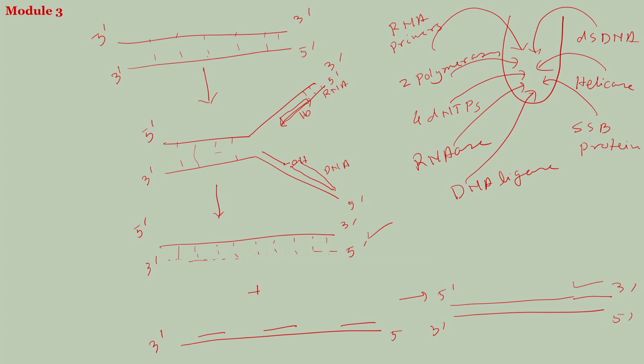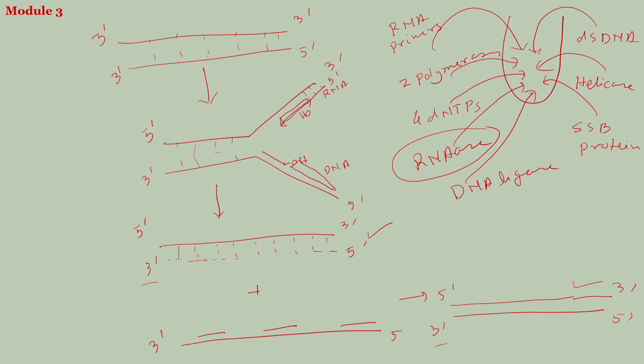Once you have added all the ingredients in the same test tube, then let us see whether it can go on. First thing is that you have added RNAs there in your test tube. So, for the second cycle also you need RNA primers for this strand and this strand, all strands basically you need RNA primers.